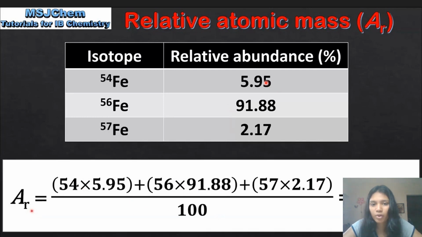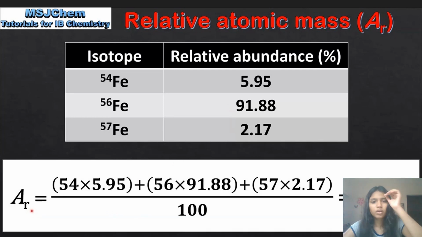Okay, because 5.95 plus 91.88 plus 2.17 equals 100 because they have to equal 100%. The abundance has to equal 100% always, because it's a percentage out of 100. So what you do is you multiply 54 into 5.95 plus 56 into 91.88 plus 57 into 2.17. Add each of these quantities, divide by 100 and you get your answer.